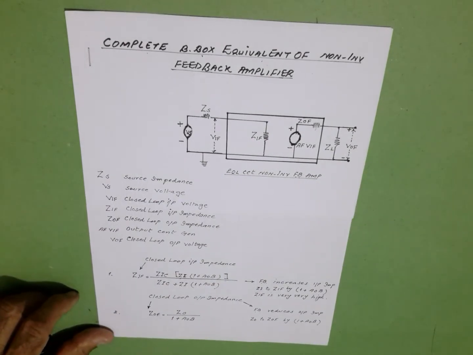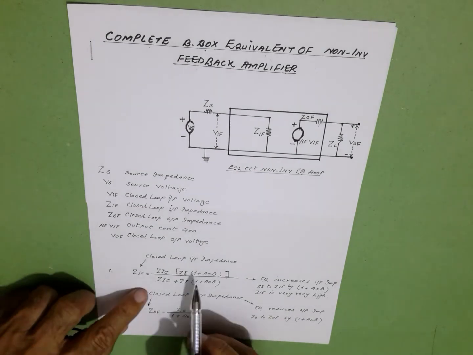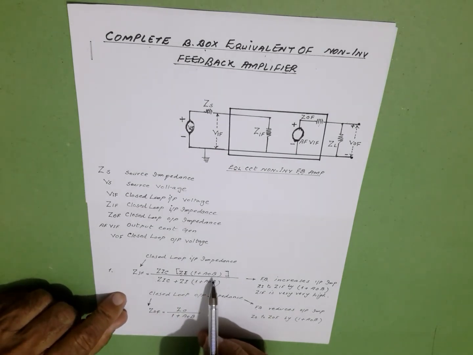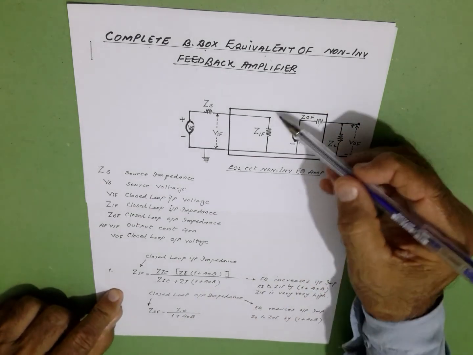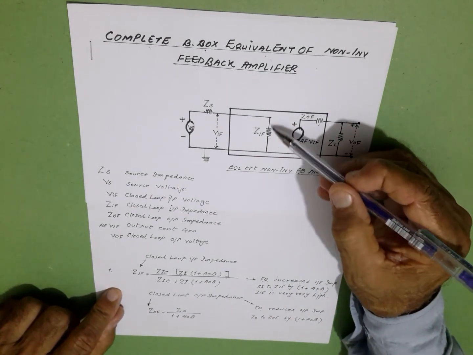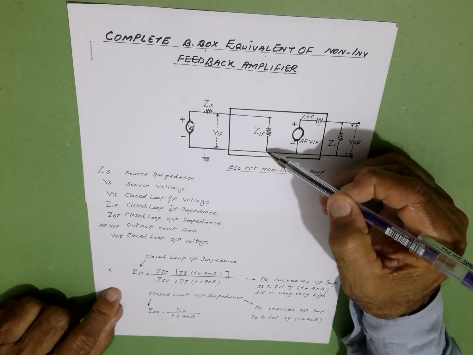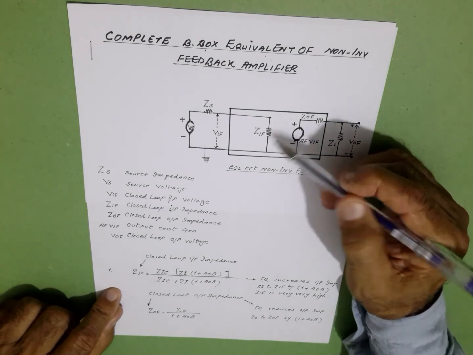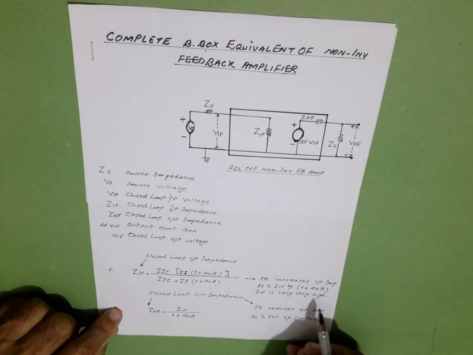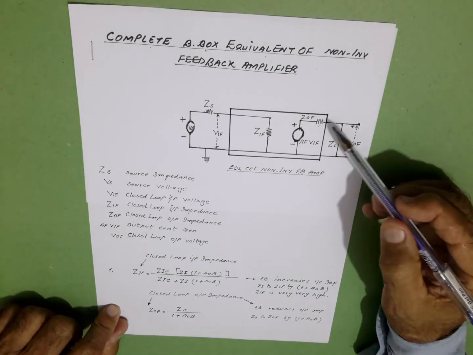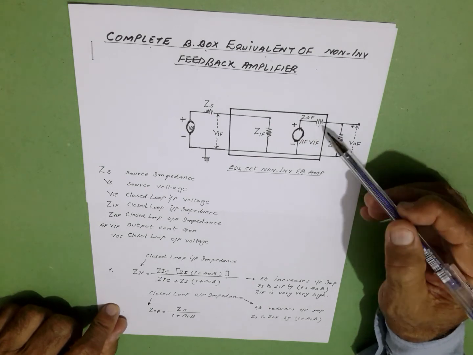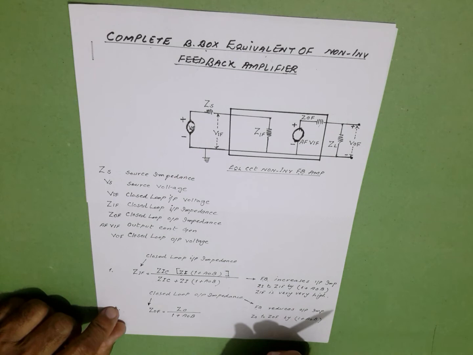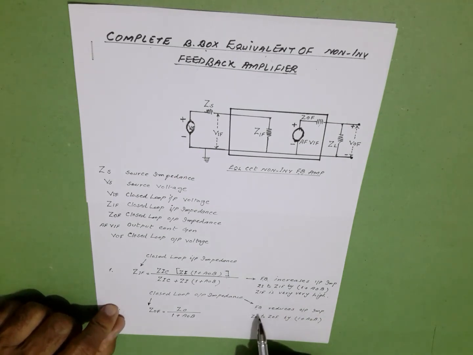Two things to be emphasized. ZI is increased by 1 plus A naught beta, and it becomes very large. It was previously ZI, and that is increased by 1 plus A naught beta by feedback voltage. It is increased and becomes very high. This was ZOF, and it is reduced by 1 plus A naught beta times.